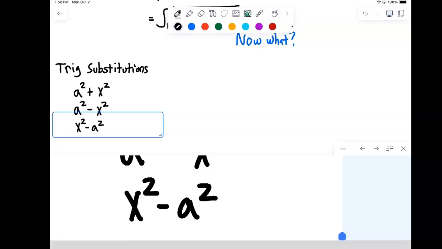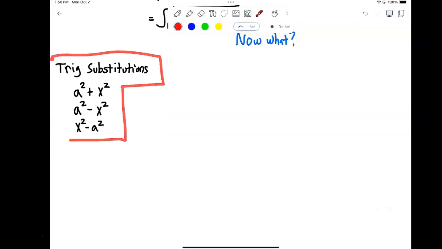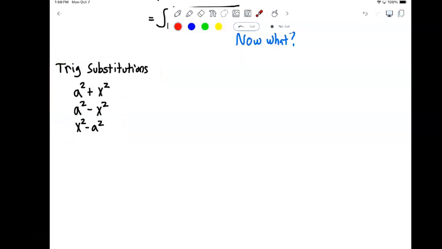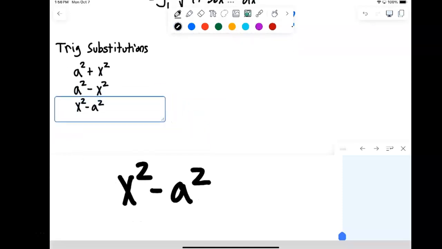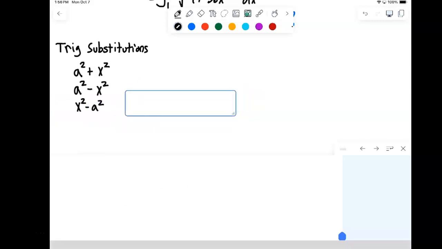So we're going to look at those three scenarios, and each one of these is going to lead to a particular trig substitution. So let's look at the first one here, which is a squared minus x squared, and see how that expression can be used to involve a trig function.